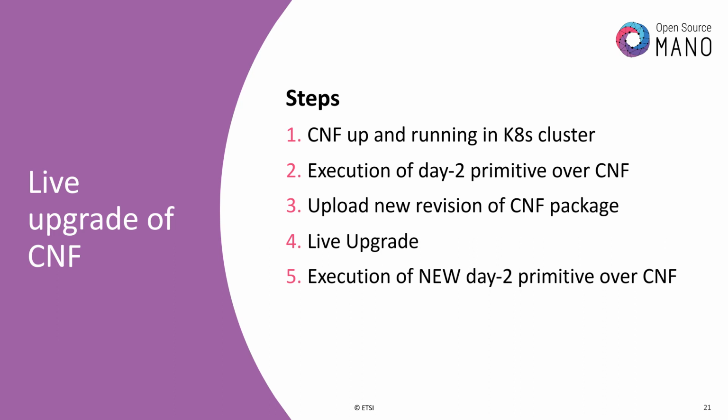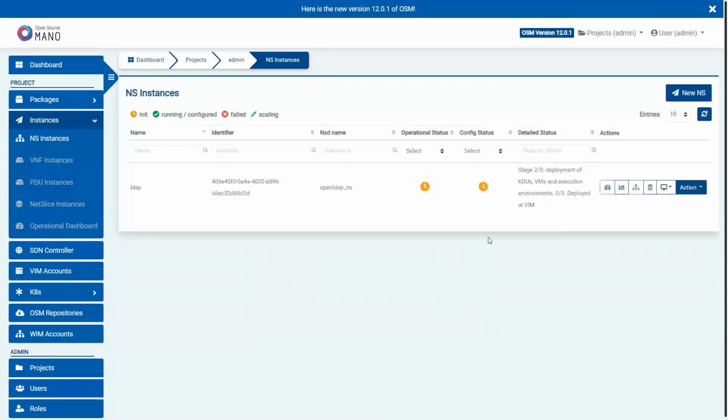Basically, we will use the primitive get user info to get some information from the common name and domain component, right? So now let's move to the execution of the primitive. We have this here. If I refresh, it's still being deployed. Well, hopefully in a minute or so we will have it.